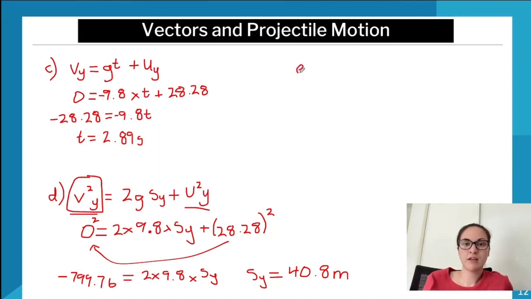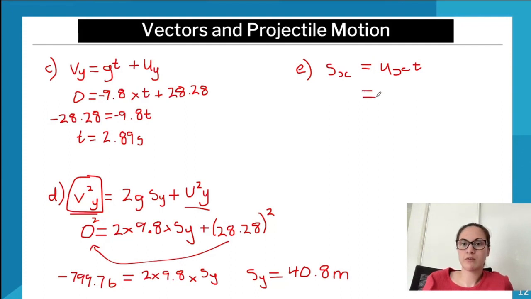Now let's do E. All we need for this one is displacement in the x direction is equal to the initial horizontal velocity multiplied by time, and hopefully you guys can read that.